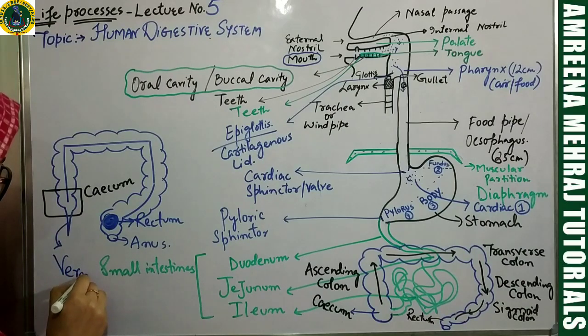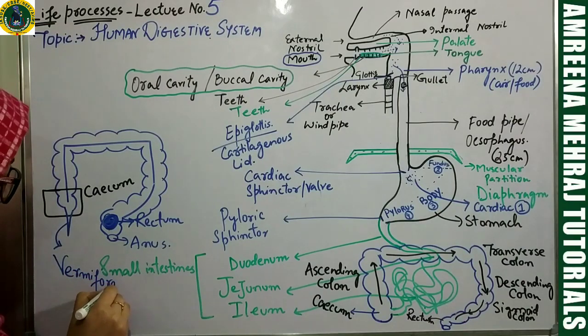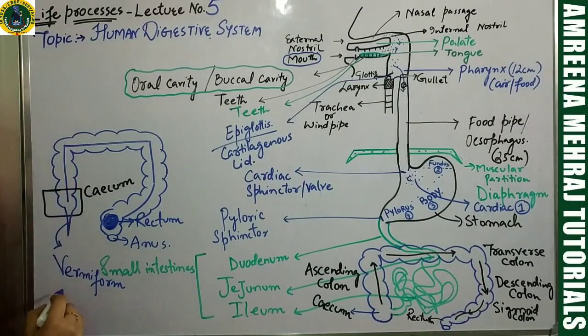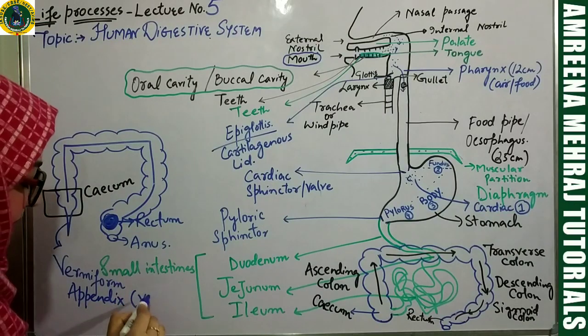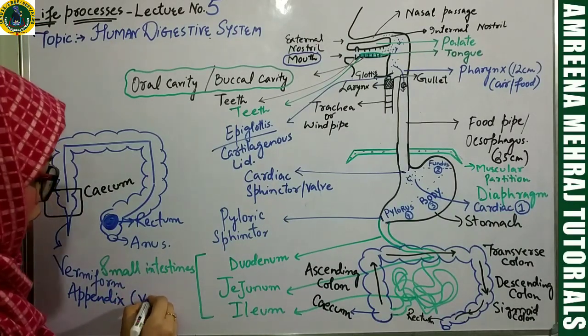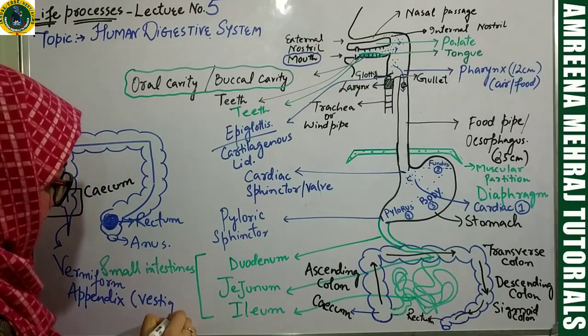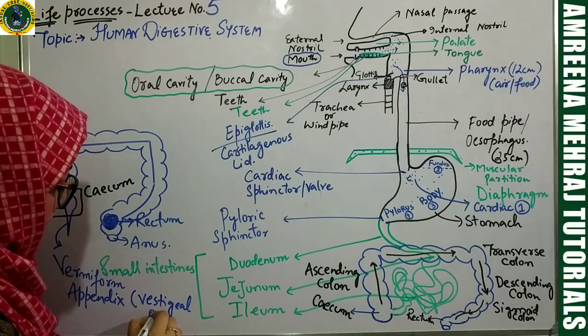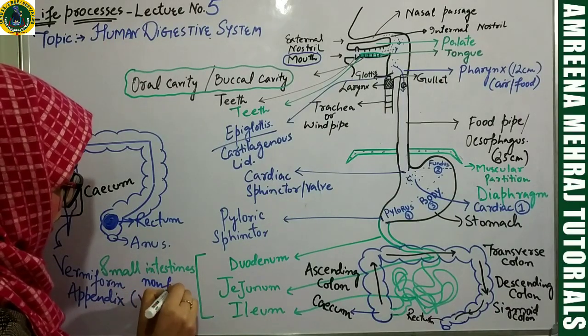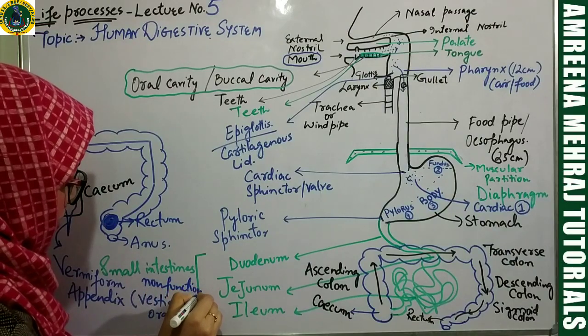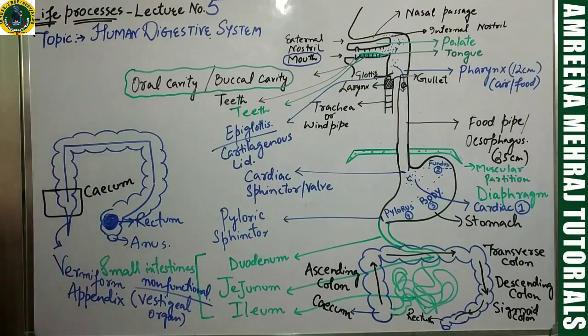What is it? It's called Vermiform. It's a worm-like extension. Vermiform Appendix. Remember that it doesn't have any major role to play. It's a vestigial organ, something which is non-functional. So it is non-functional, although it has functions, but you can remember that it's non-functional, okay.